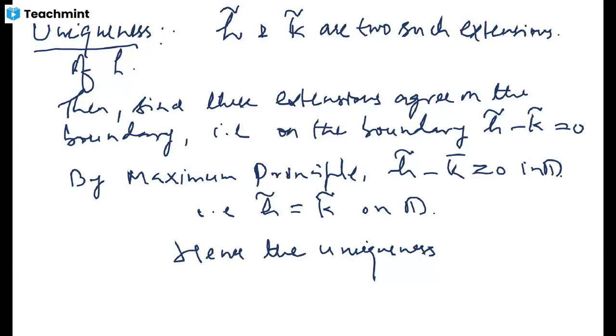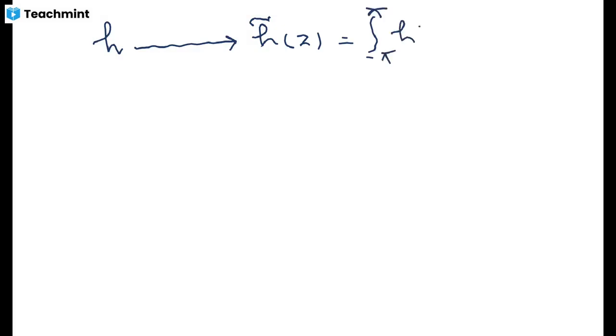And what we actually did in this proof: from h we defined a function h tilde, defined as the integral from minus pi to pi of h(e^{i phi}) P_r(theta minus phi) d phi upon 2 pi.